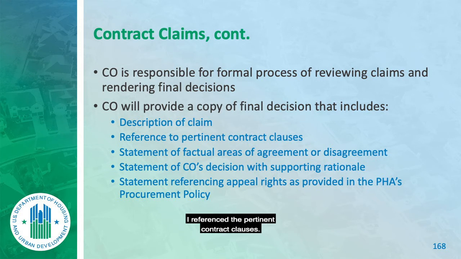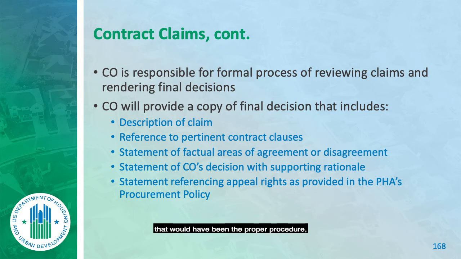I referenced the pertinent contract clauses. Now, in the case of we were agreeing with him on some of the verbal change orders, I just said we agree. Those should have been addressed, and here's what we've decided on those issues, and here's your money. For the items that we did not agree with, I would probably reference some contract clauses saying, you should have brought this up before. That would have been the proper procedure. We've inspected the site and can't find anything to support your claim.